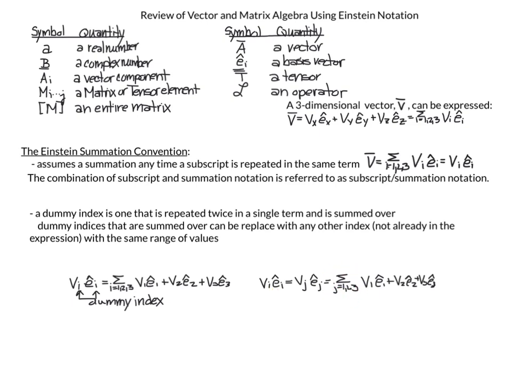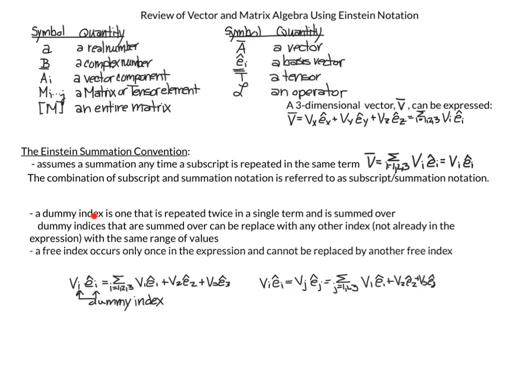Once we expand our summation, you can see that j goes away. This will come in handy later when we want to do some simplification of expressions. You can change your dummy indices to a different index, and that'll be just fine.